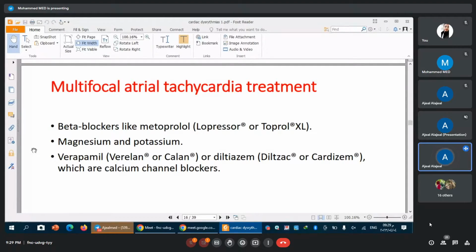Beta blockers are probably superior to them, but if the patient has a contraindication to a beta blocker like COPD or bronchial asthma, then the choice will be a calcium channel blocker. Verapamil can be given intravenously.